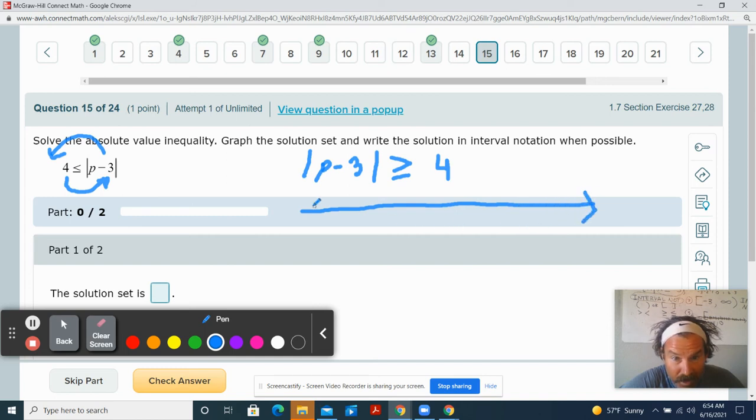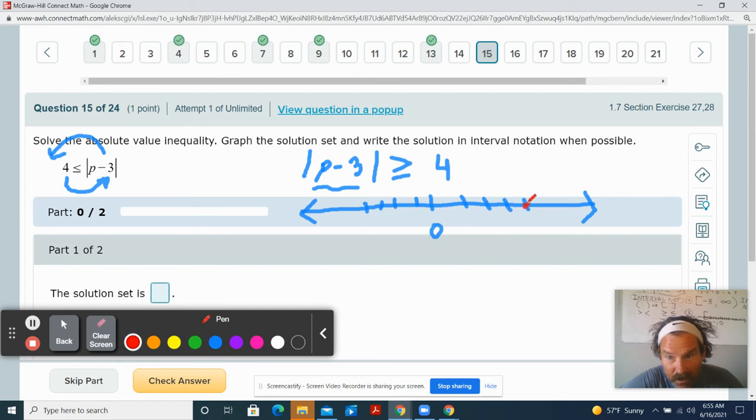Okay, so I'm going to draw the number line. And here's 0. So this P-3 has got to be greater than or equal to 4 units away from 0. So it's going to be greater than or equal to 4 units away from 0.